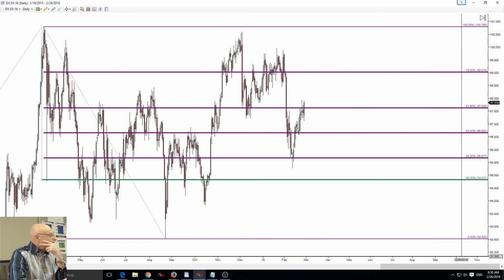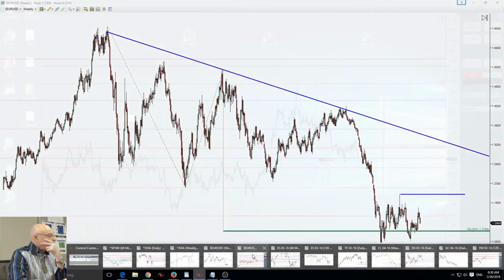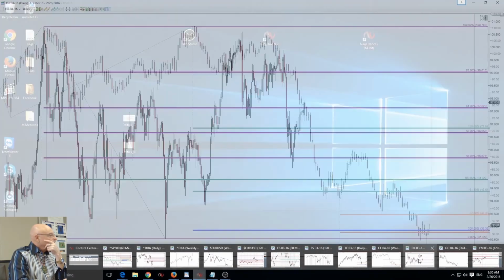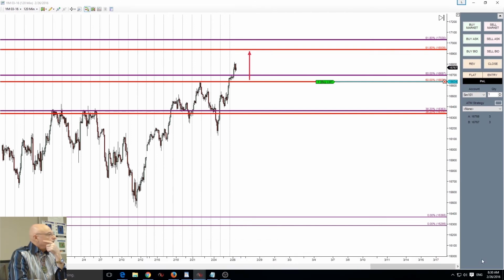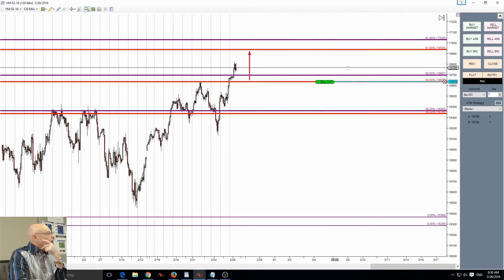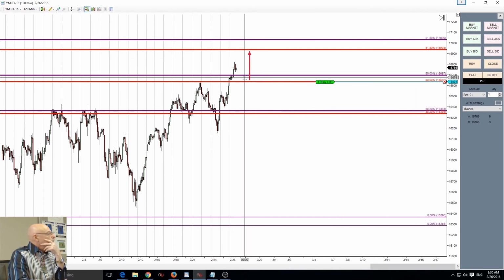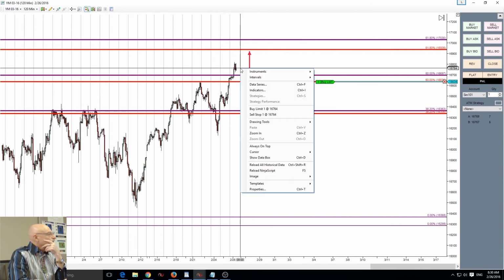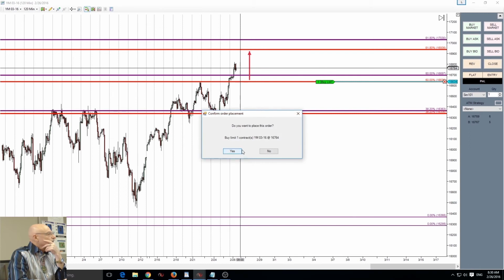And again, market is open. Let's see what's going on. So not yet. But we're going to see that level up. So what we might do, we might even go long here whenever we are.